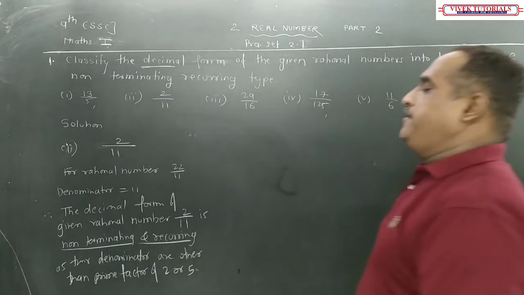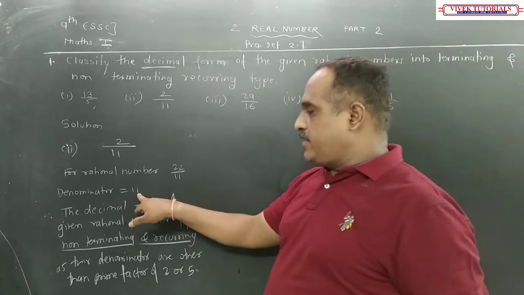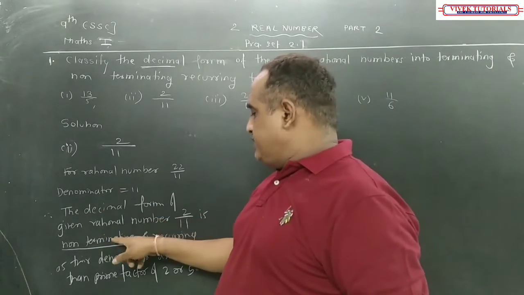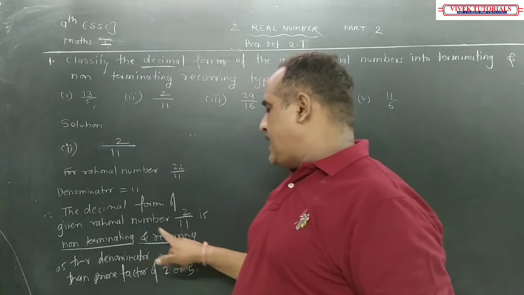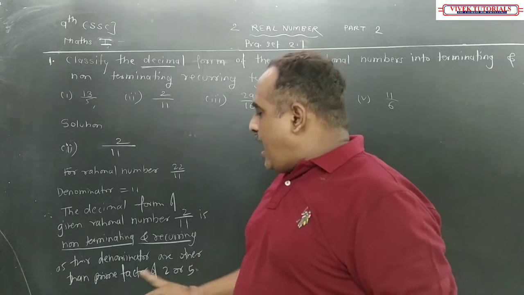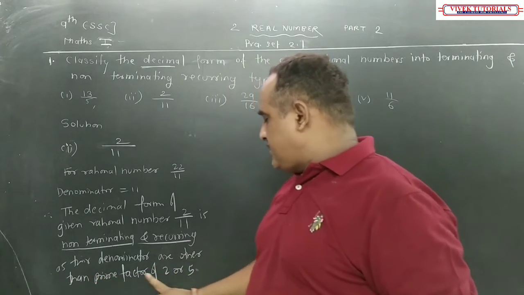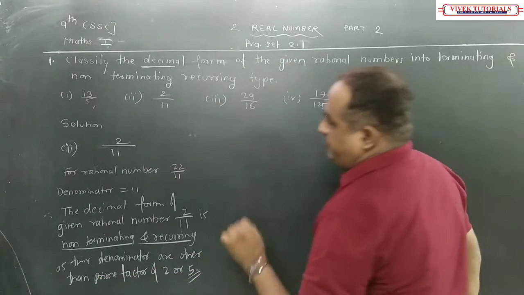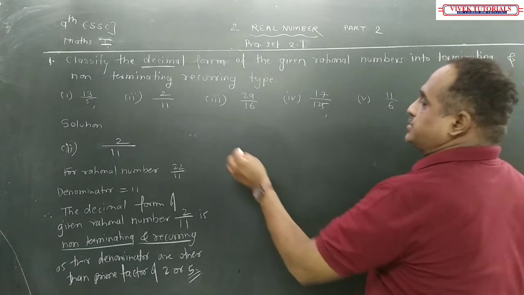See once again, 11 आ गया ना, it is not a factor of 2 or 5. तो डेसिमल फॉर्म में क्या आएगा? नॉन टर्मिनेटिंग एंड रिकरिंग. लिखना क्या? एज द डिनोमिनेटर आर द other than prime factor of 2 and 5. I'll go for the third question then.